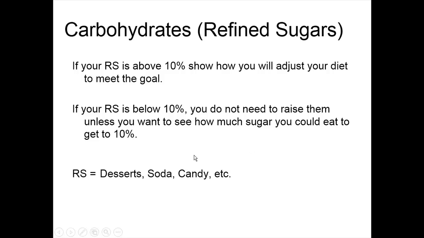Anyway, refined foods with refined sugars are going to be anything that has basically added sugar, so desserts that you have. It's kind of tough though. If you have cake, you're going to have to make some kind of adjustments and determinations, because if you have cake that has added sugar or icing on it, only part of that cake is refined and some of it is complex natural sugar.